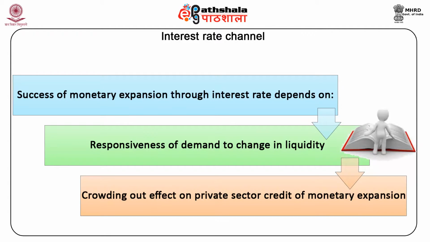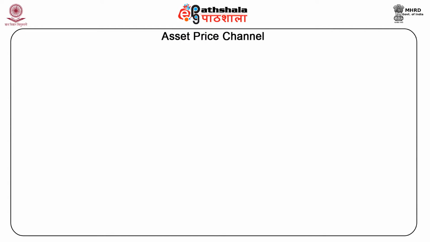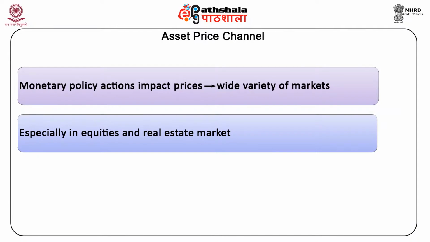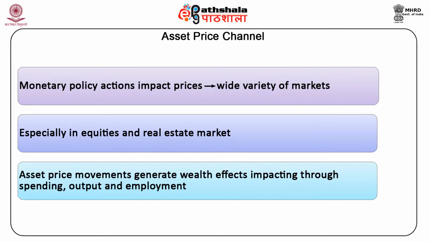Next is the asset price channel. Monetarists argue instead that monetary policy actions impact prices simultaneously across a wide variety of markets for financial assets and durable goods, but especially in the markets for equities and real estate, and that those asset price movements are all capable of generating important wealth effects that impact spending, output, and employment.